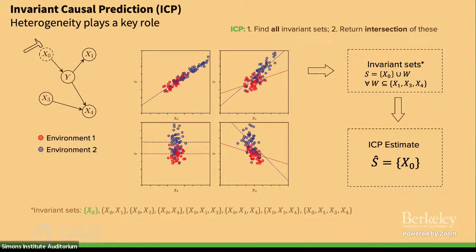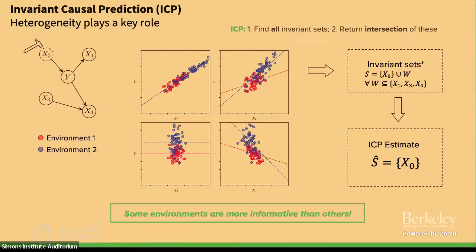But for our ICP estimate, that does not matter. So in that sense, some environments are more informative than others, here in the context of running ICP and getting a good estimate for S star.